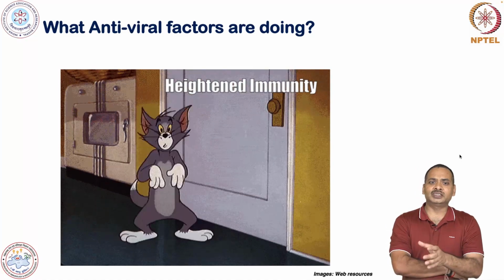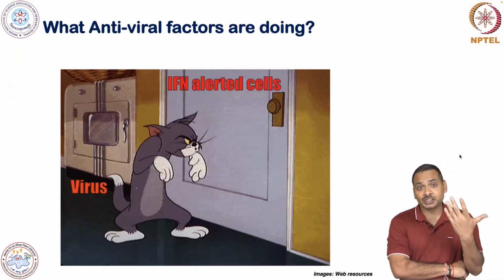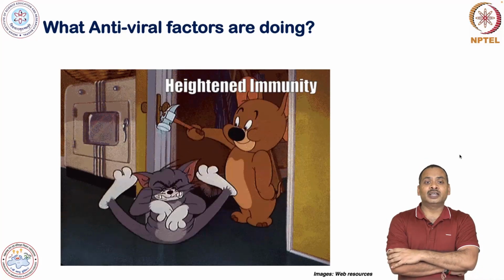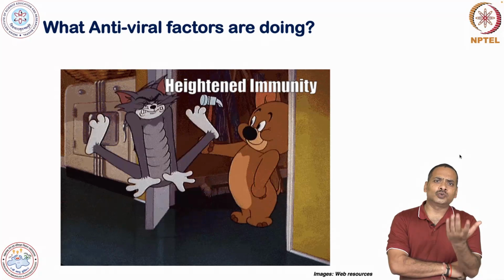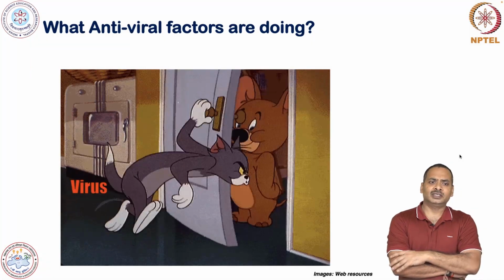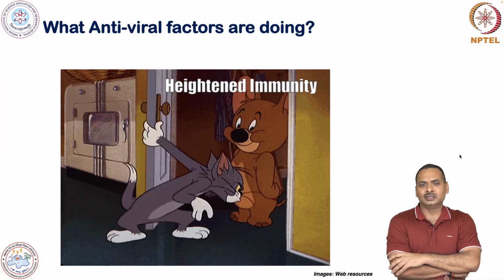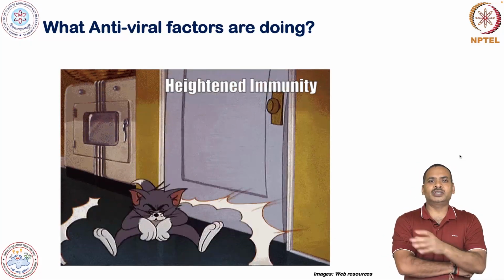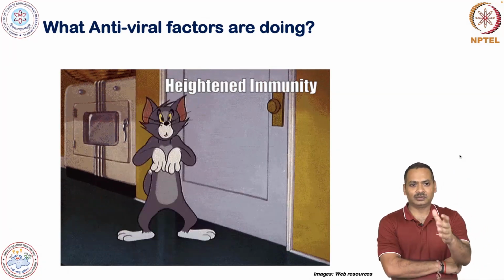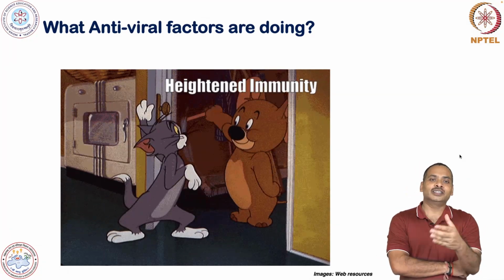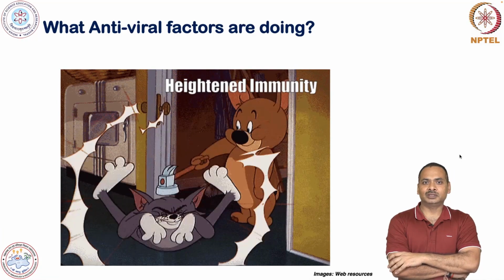Here you can see there is heightened immunity after the production of type 1 interferon, which will easily take over the virus, and the individual starts becoming healthy. This is for quick understanding, and you will remember it for the rest of your life, because this cartoon kind of presentation is much more easily rememberable.